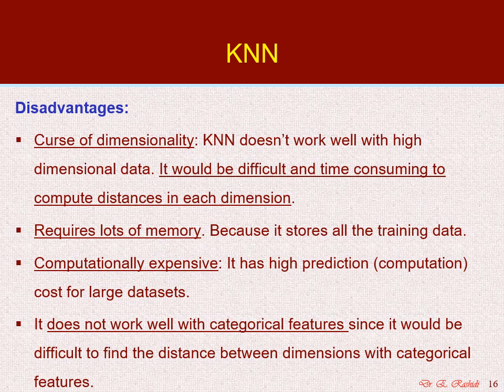For example, it's easy to find the distance between 10 and 5, but how would you find and define the distance between categorical features such as a color? What is the distance between yellow and green? Or what is the distance between a type of car or brand of car or brand of phone or any other categorical features?